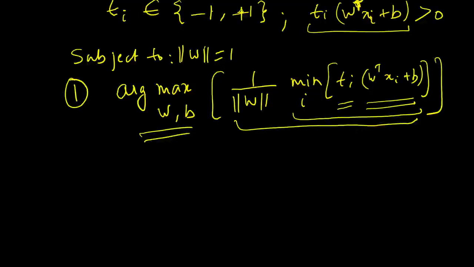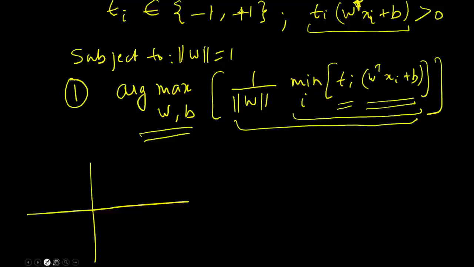The other way of doing this, okay, so here the second way of doing it is saying that either we keep mod of W equal to 1, or the other way is that if we don't keep mod of W equal to 1, we keep the margin equal to 1. Okay, so let me draw this first.